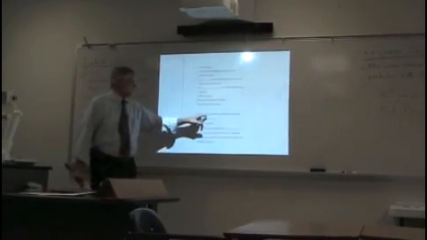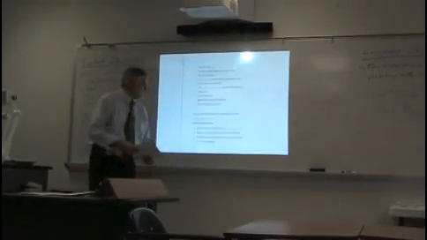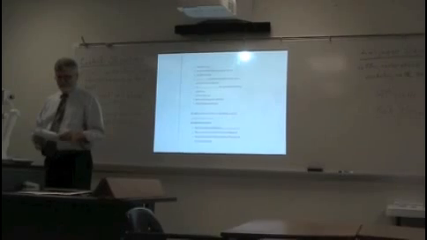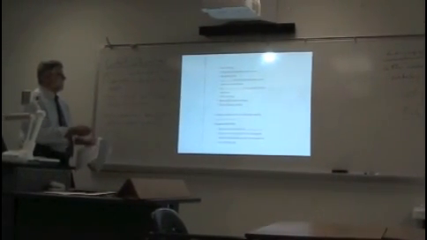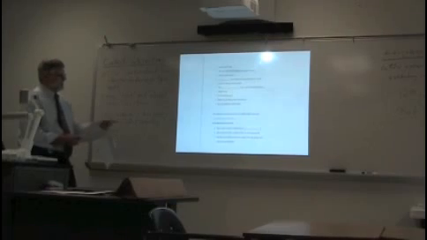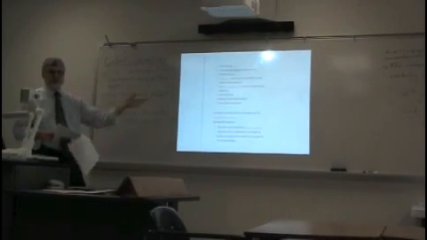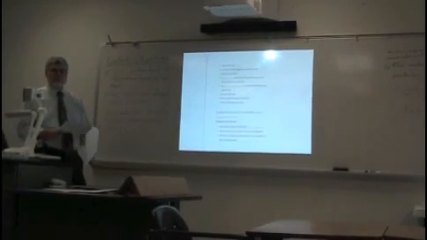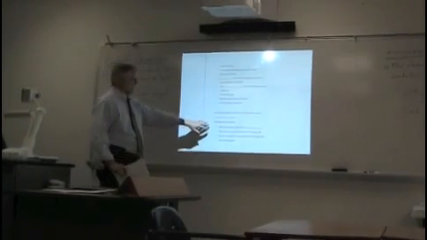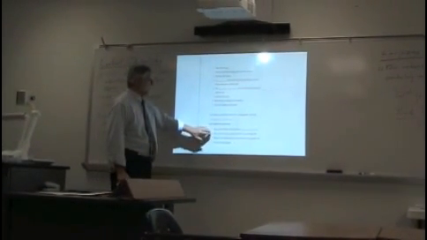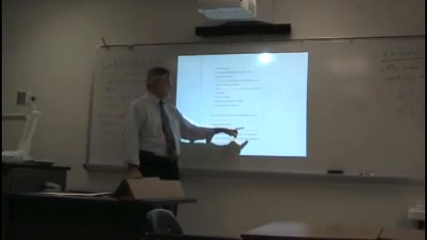But the single most important feature on a topographic map is the contour line. That's the most obvious thing on it. That's what distinguishes it from other types of maps. An important thing to note is, one, they connect points of equal value.